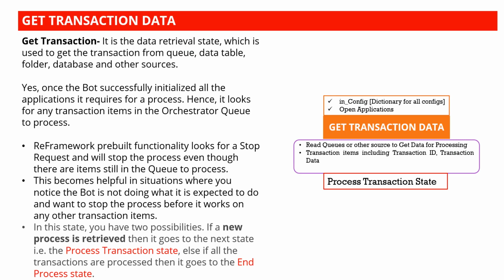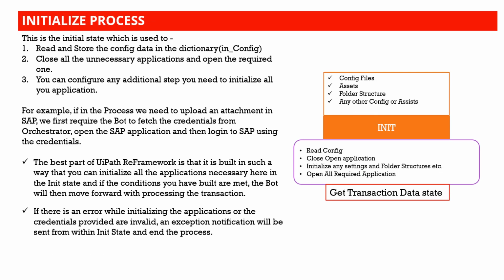So let's talk about what is being done in which state. And this you need to remember. I'll give you examples of where you can use that and what all things you can put into it. So let's first talk about the init state, or we call it initialize process as well. This init state is used to read and store config data into a dictionary.